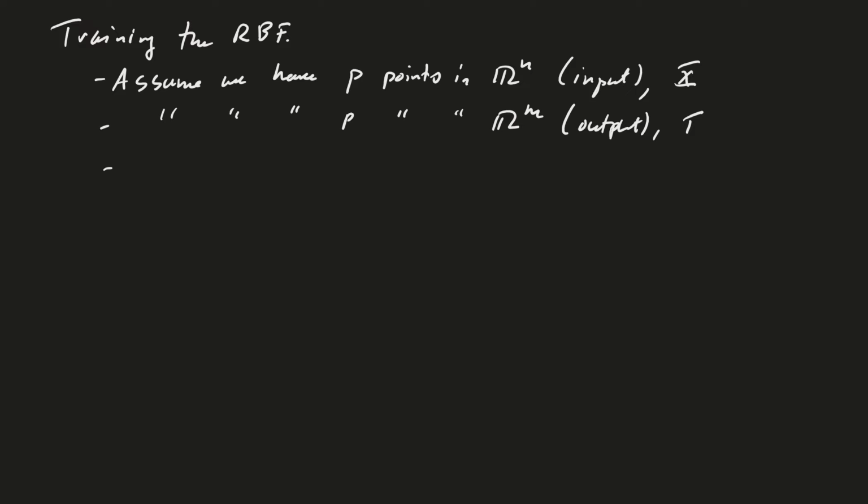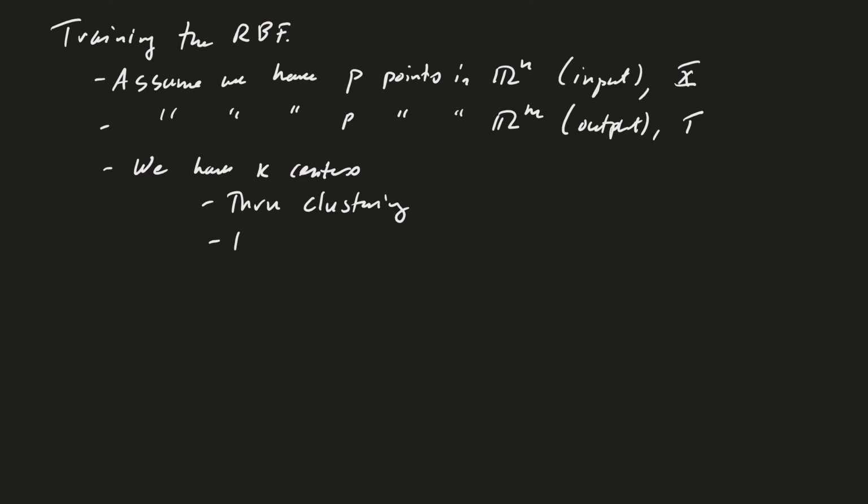And then we also have K centers. And how did we get those K centers? Well, for this part, we're going to assume that we've got them through clustering. That's popular.